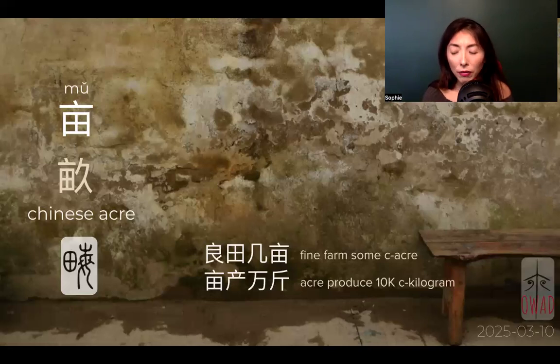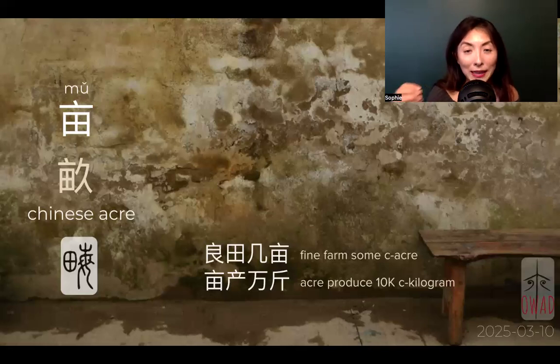So for the government, they wanted to hear big numbers. There was this incentive to announce how much you could produce per Chinese acre. And different regions, different local governments, because it's hard to validate.